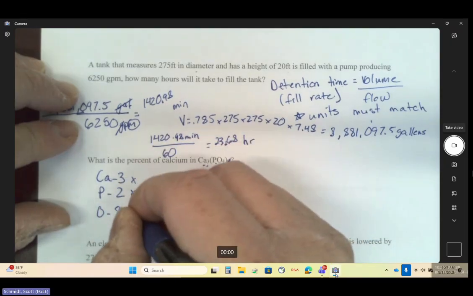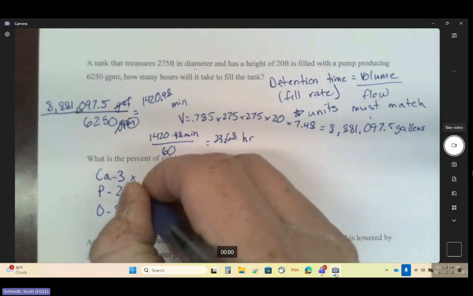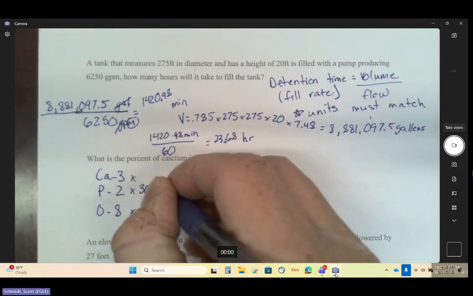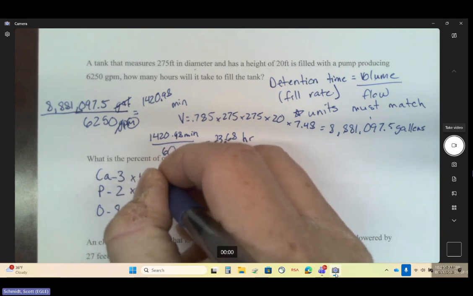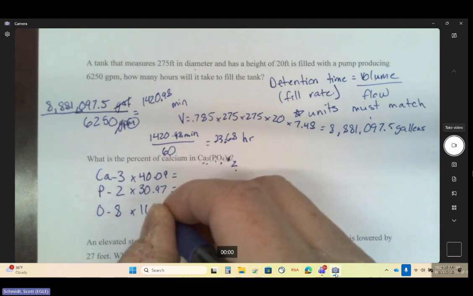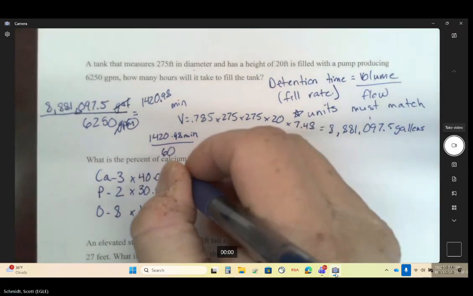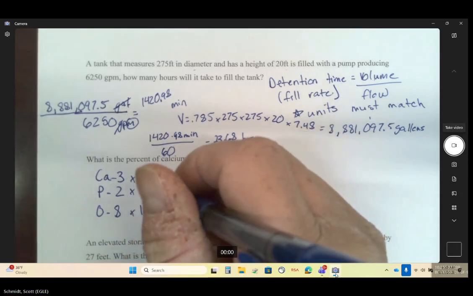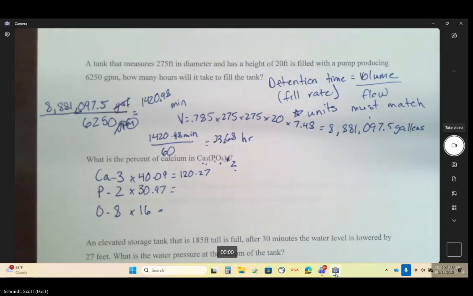Now I go and look up how much each one of these weighs. The math formula sheet has the weights on it. I know oxygen is 16, phosphorus is 30.97, and calcium is 40.09. Now you need to multiply these together. This is 120.27, 61.94.